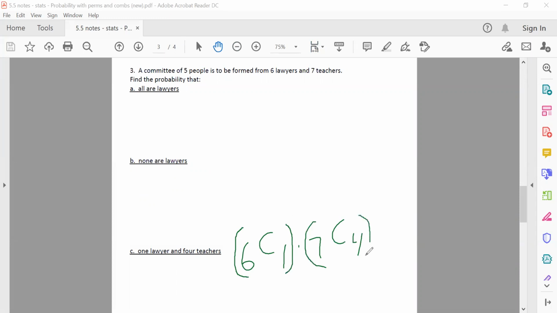And whatever you get for each of those numbers, multiply them together, and then divide by, from a group of 13 total, choose 5 of them. Because 13C5 is the number of ways I can make my committee of 5 people, completely ignoring the divisions inside the group. Just 5 out of the 13, doesn't matter.